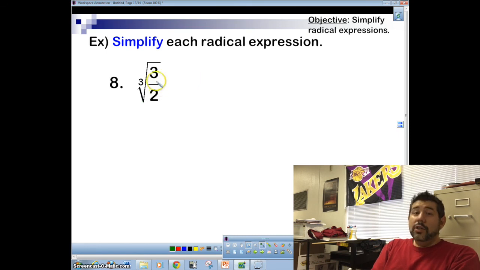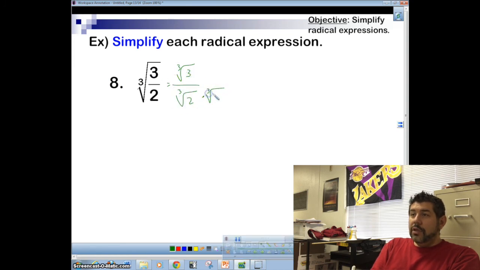All right, cube root. Same thing with cube root. We're going to cube root the top, cube root the bottom. It doesn't change really anything about the problem, guys. Cube root of 6 over, actually, I have to multiply it by another cube root, right?